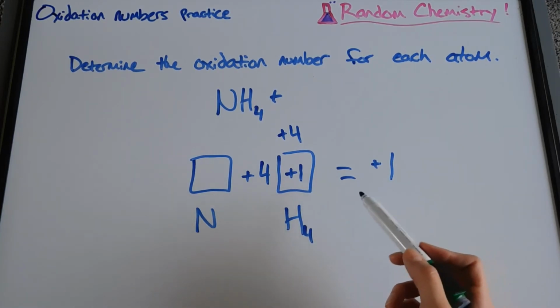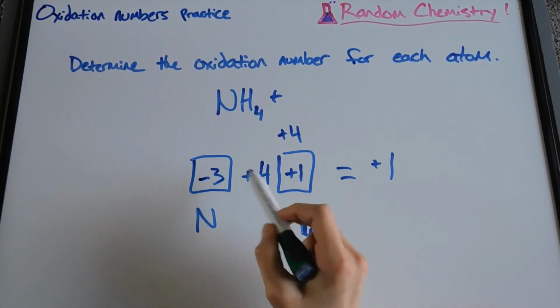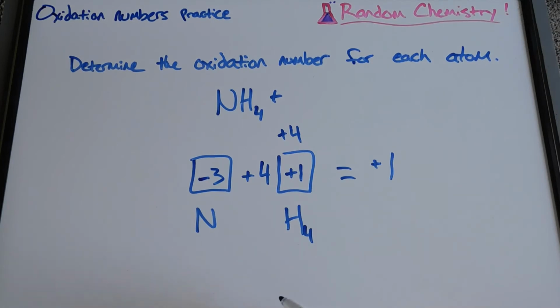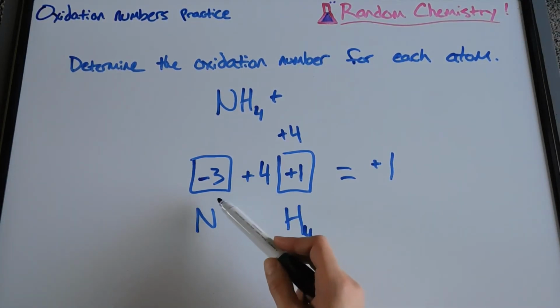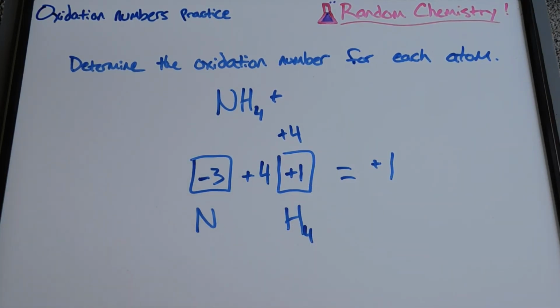So doing my algebra, I know that -3 plus 4 is going to give me a +1. So in this formula, nitrogen has an oxidation number of -3 and hydrogen has an oxidation number of +1.